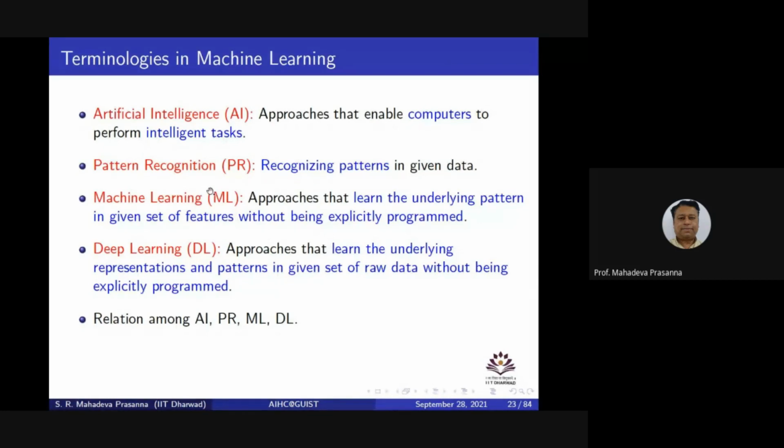Coming to pattern recognition, in that broad umbrella of artificial intelligence, the term artificial intelligence was introduced into the computing field to emphasize mimicking the intelligent activity of humans, whereas pattern recognition came into the field of computers to emphasize that humans, when they interact with the external world, use the concept of patterns.